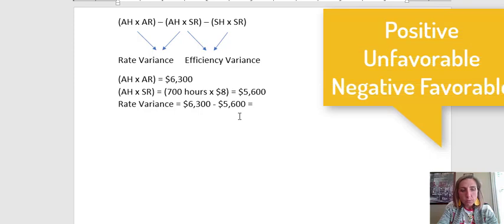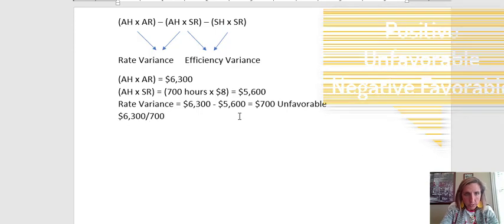So they overpaid. They should have only paid 5,600 for that 700 hours of work. So it looks like it is a $700 rate variance unfavorable.